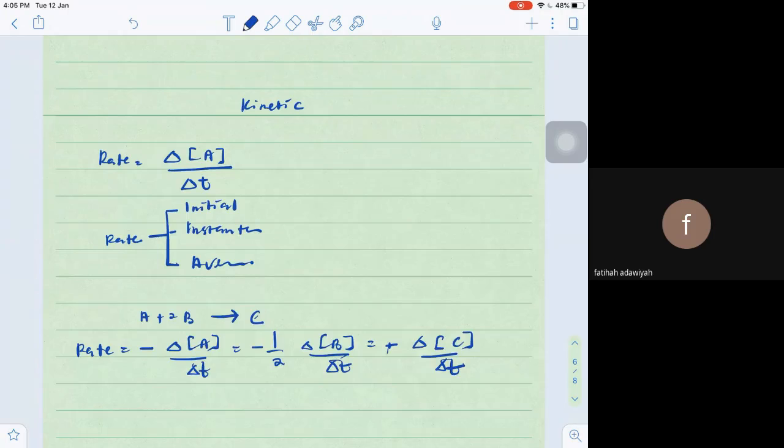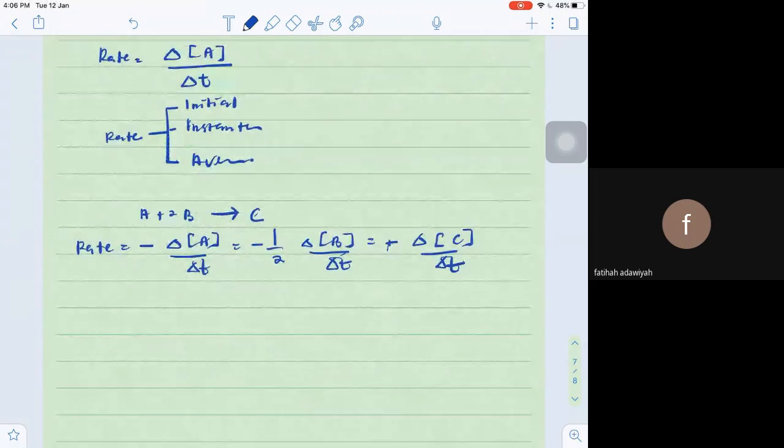After this, we discuss on rate expression in terms of the changes, and then we discuss on the rate law. In the rate law, if you have two reactants A and also B, you should be able to determine what is the order of all reactants. After you got the value of the order, then you can determine the rate constant value.